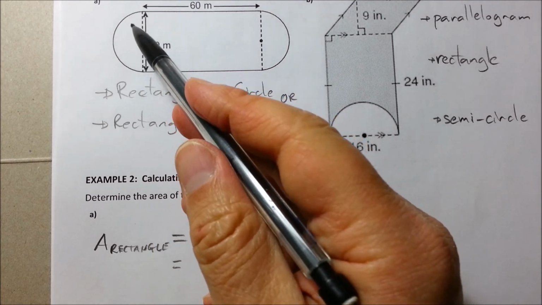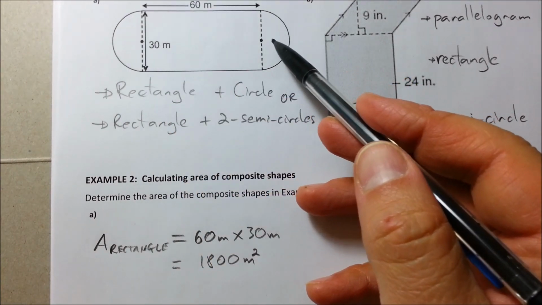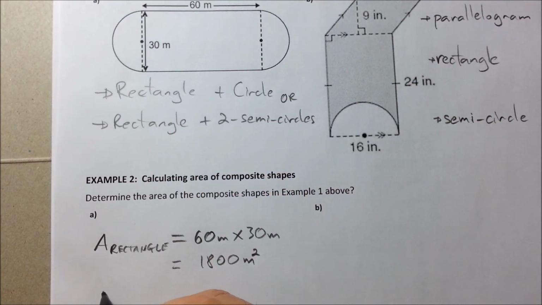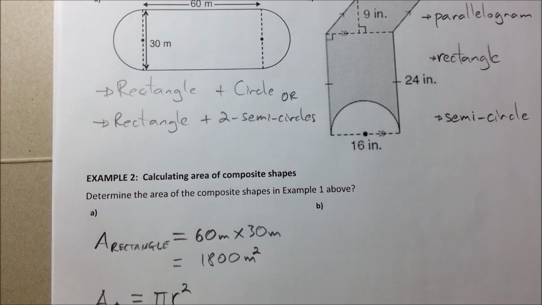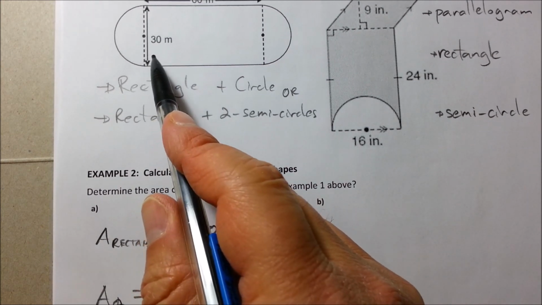Now we need to find the area of the semicircle, but we know that for the area of a circle, I don't want to write circle all the way, so I'm just going to put A and then a circle, basically, area of a circle. And what's the area of a circle? Well, the area of a circle is pi r squared. That's the formula. Now, what's the radius of the shape over here?